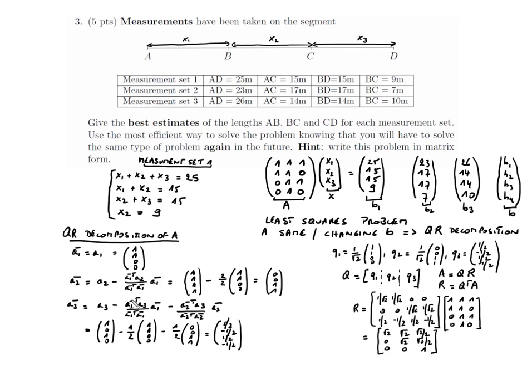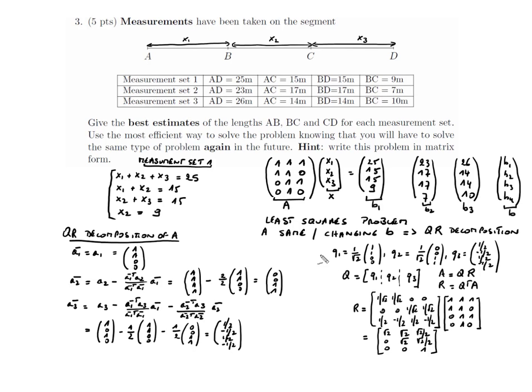So if you go through the calculations, here you have A1 bar, here you have A2 bar. If you take this scalar product here, this one with this one, you have a 1. The length of this one squared is still a 2. Then you have to take the scalar product of this one with this one, right? This is a 1, and the length of this one squared is a 2. If you go through the calculations, this is what you have: a half, minus a half, a half, and minus a half.